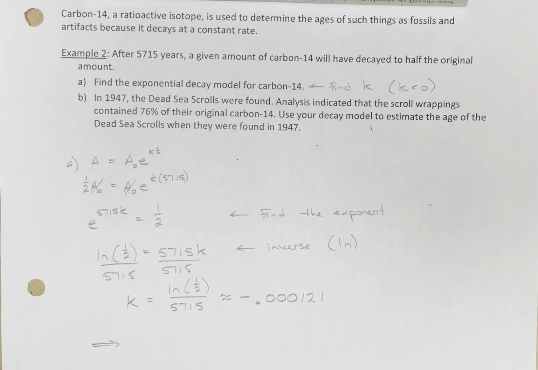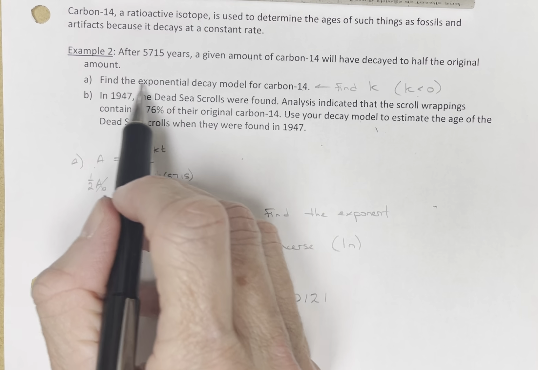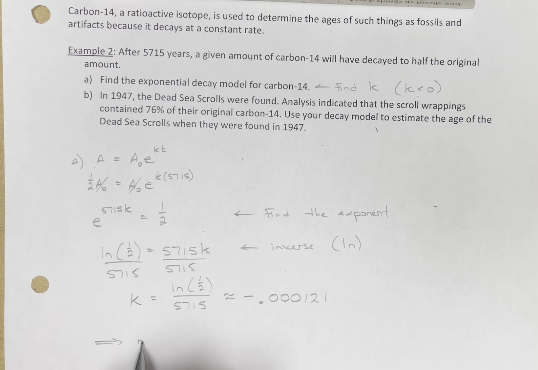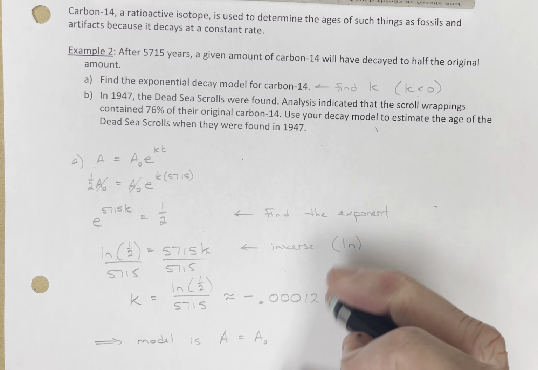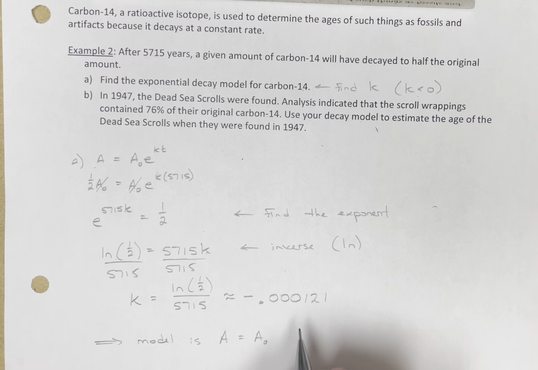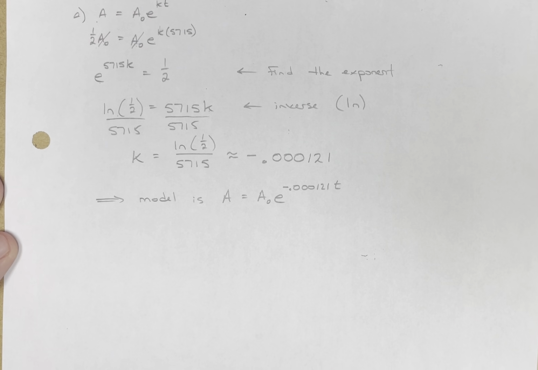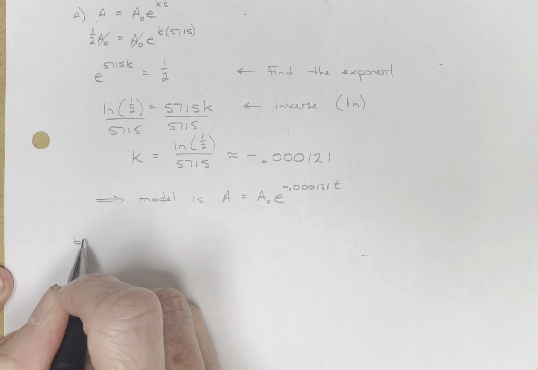Again, look at letter A up here: find the exponential decay model. So our model is A equals A sub 0 times e to the negative 0.000121 times t.